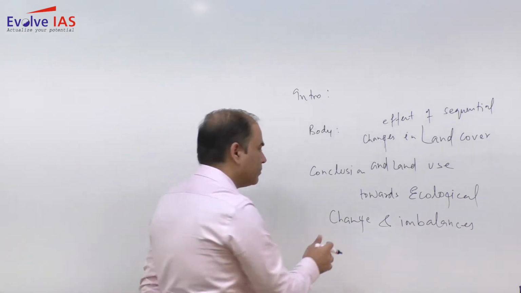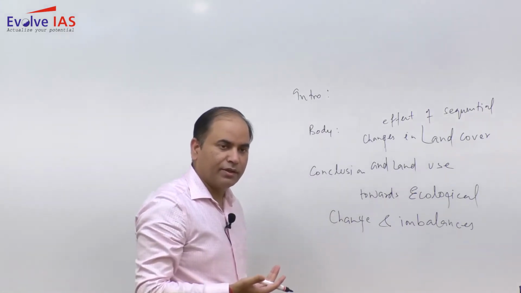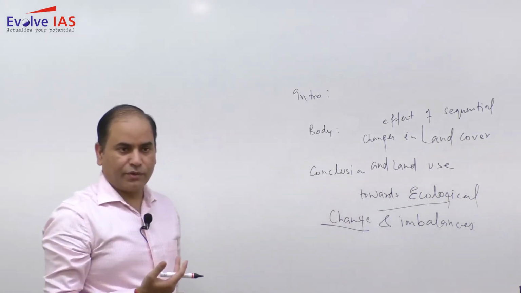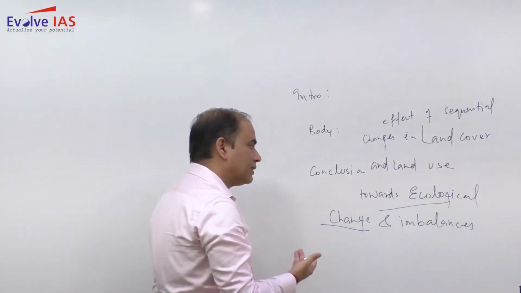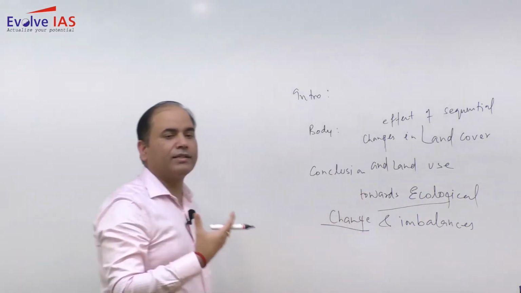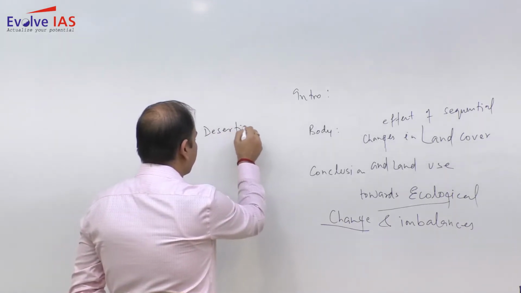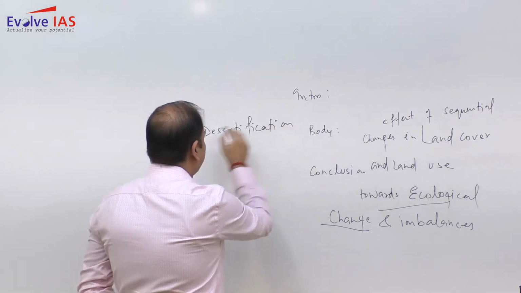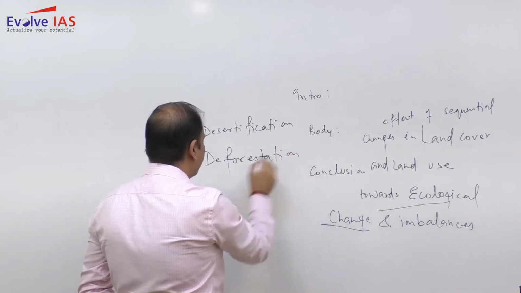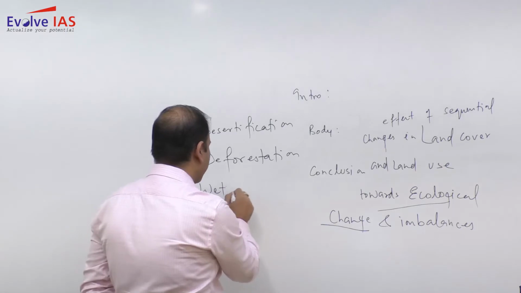No need to mention only the imbalances or the negative aspects. Any of the ecological changes will be part of your body, so you are supposed to write ecological changes as well as imbalances. If you look at the ecological changes that are going on, you will find phenomena like desertification, deforestation, and wetland degradation.